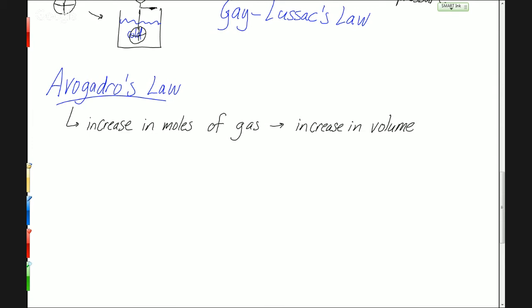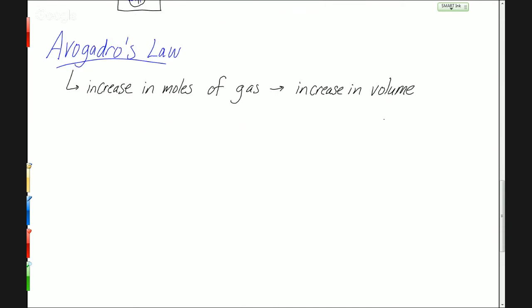So for an interesting example of that, let's look at a chemical reaction that would take place inside a balloon. So we fill a balloon with oxygen gas. And this oxygen gas reacts to form ozone gas.